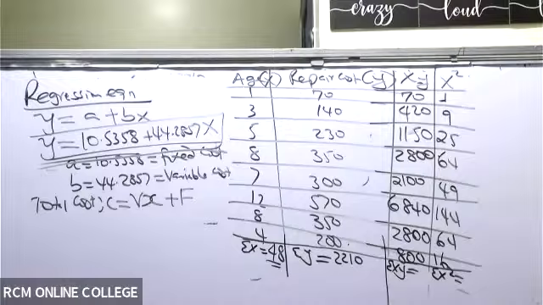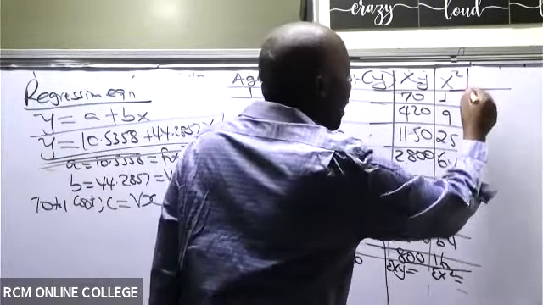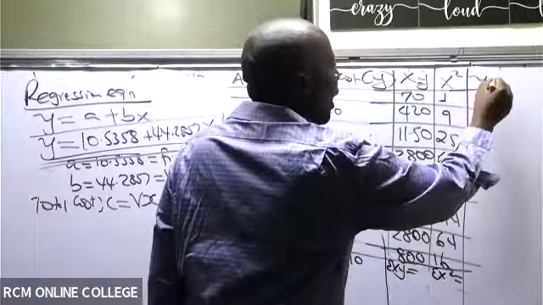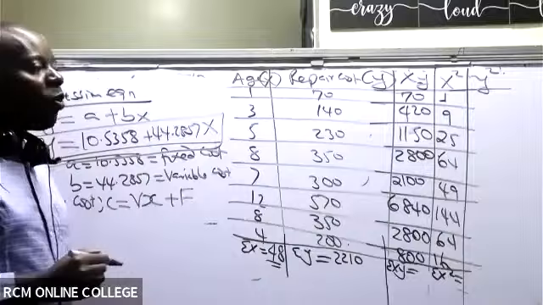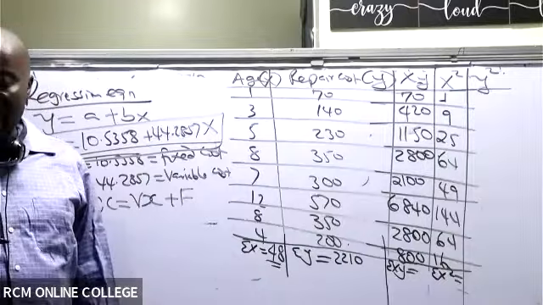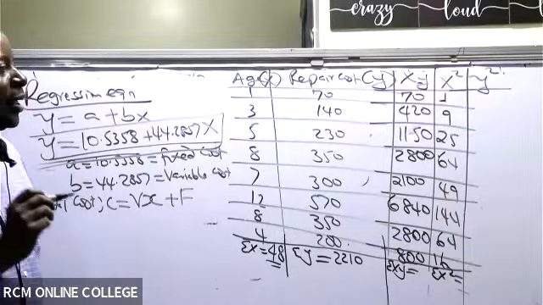And then look at Roman 4. They want us to give the coefficient of determination. For us to get the coefficient of determination, we need to create an extra column here, which we shall call y squared. Somebody please help me get these squares of y.